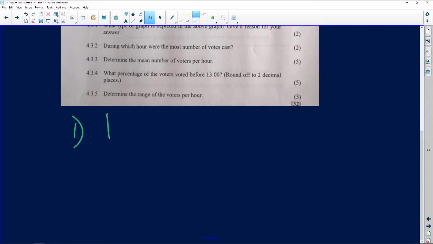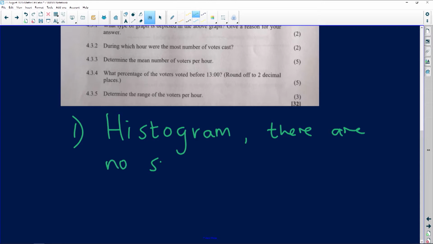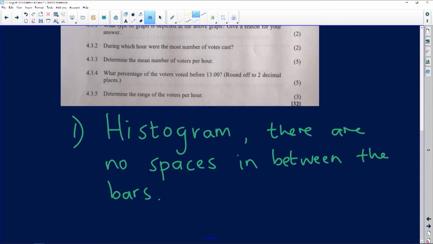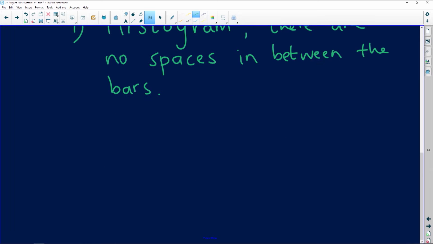So it's a histogram. There are no spaces in between the bars. And those are the main differences between a bar graph and a histogram.